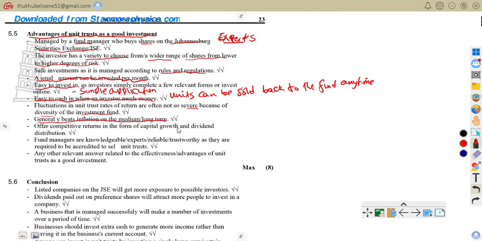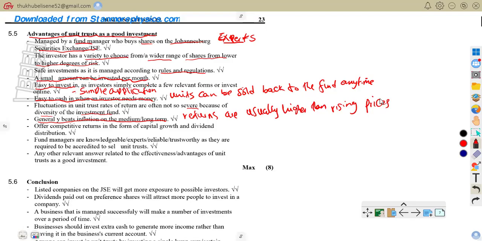So returns are usually higher than rising prices. That's what it means.